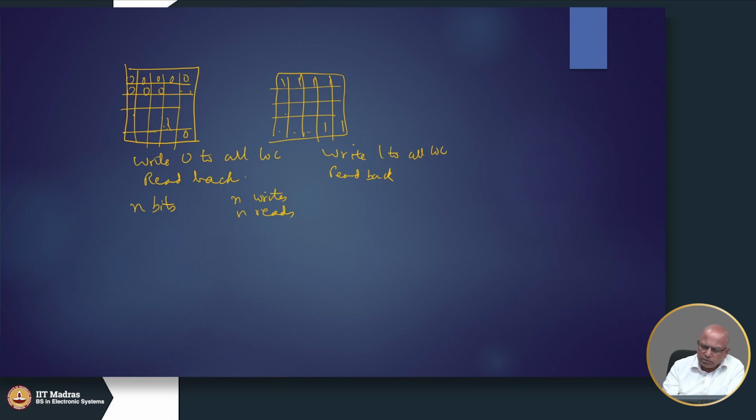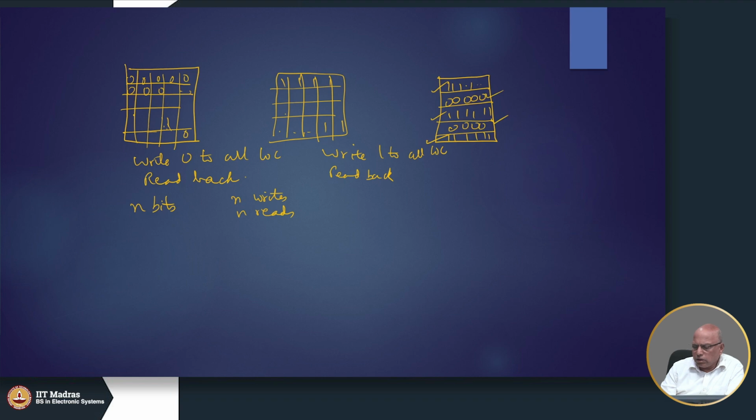So people have come up with other patterns. They have come up with things like row bars. So write ones in these rows and write zeros in the other.